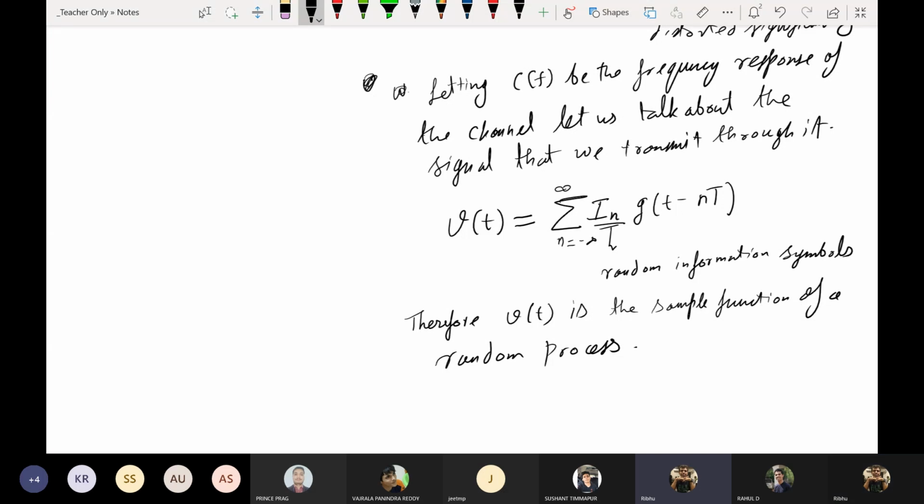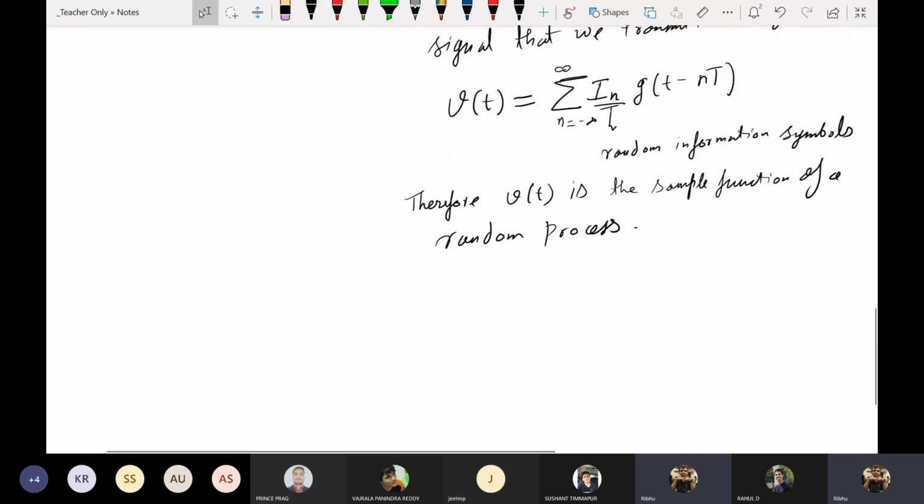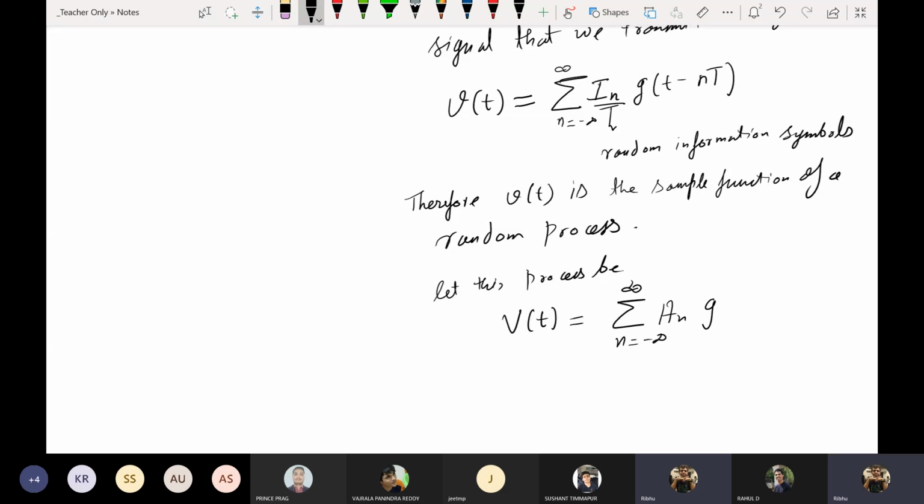And let this process be V(t), capital V, equals the summation over n from minus infinity to infinity of A_n g(t minus nT).